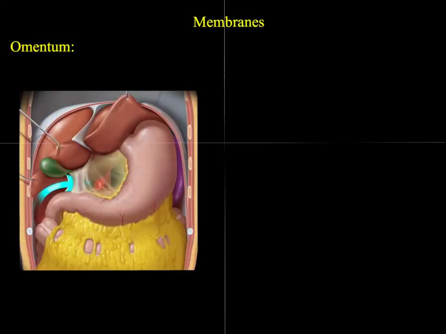The last of the membranes of the digestive system are called the omentums, and there are two omentums. The first omentum is called the lesser omentum. The other omentum is called the greater omentum.